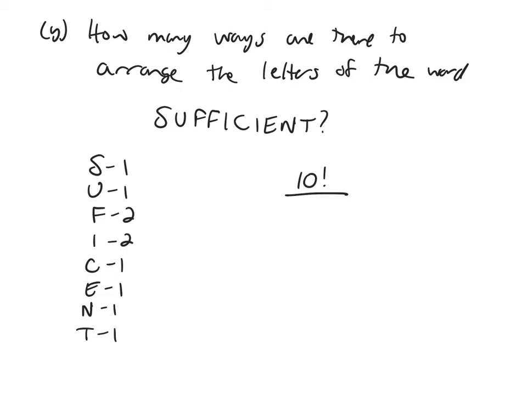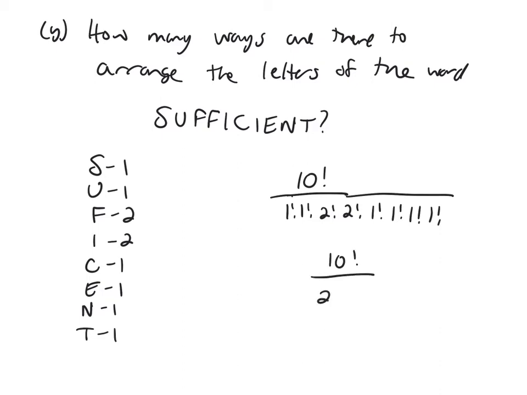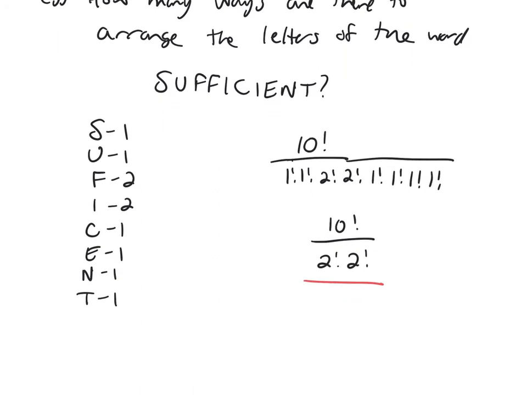So 1 factorial, 1 factorial, 2 factorial, 2 factorial, 1 factorial, 1 factorial, 1 factorial, 1 factorial. Now 1 factorial is just 1, so you didn't need to write it. It's really just 10 factorial over 2 factorial times 2 factorial. So there would be the number of ways to count the arrangements of the letters in that word.